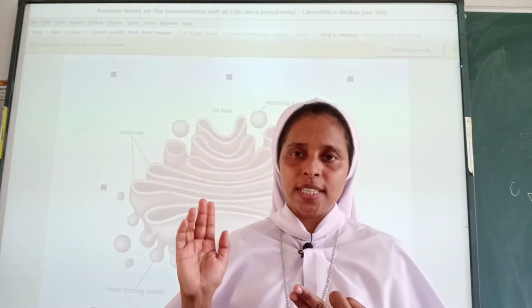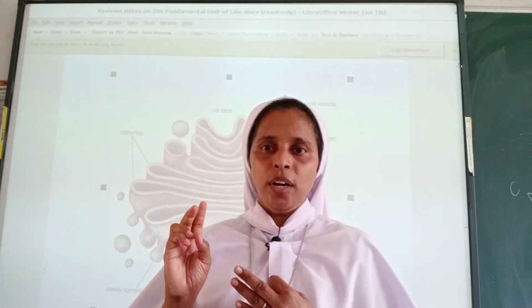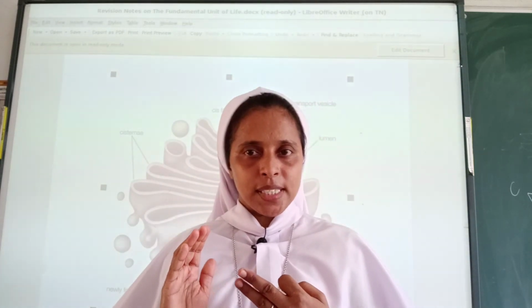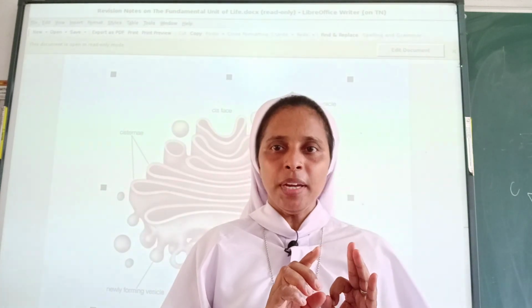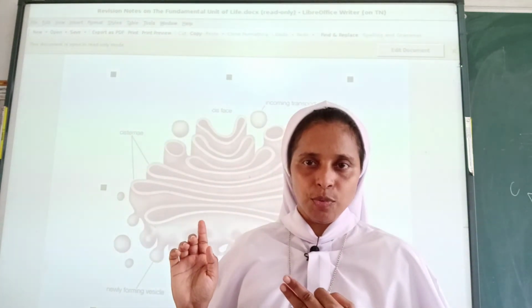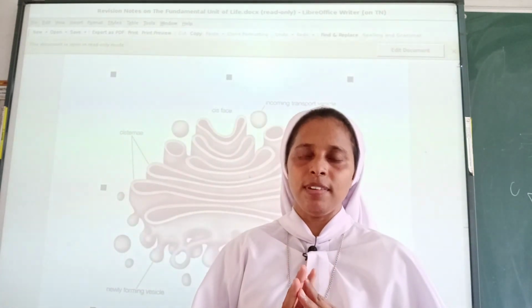After that we discussed the cell organelle. We learnt what a cell organelle is, and only two cell organelles we discussed today: the endoplasmic reticulum, its function and how to draw it, as well as the Golgi apparatus, how it is formed in the form of stacks. Everything we have learned in detail.